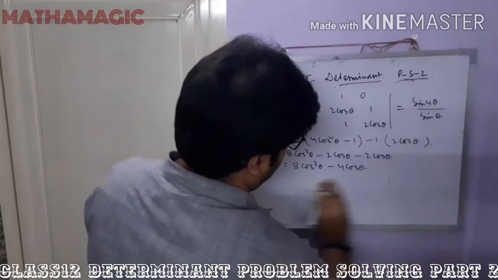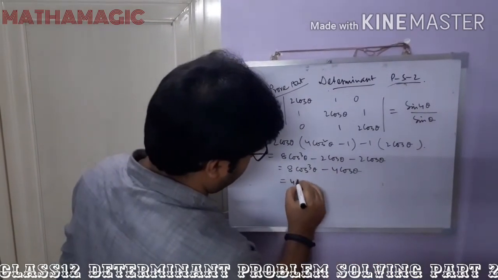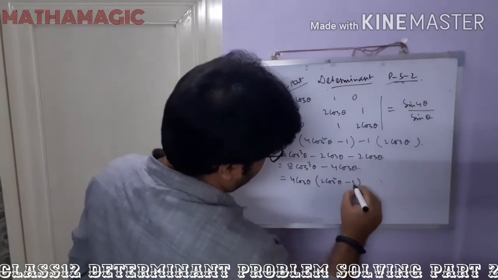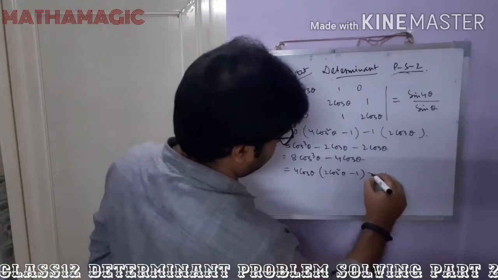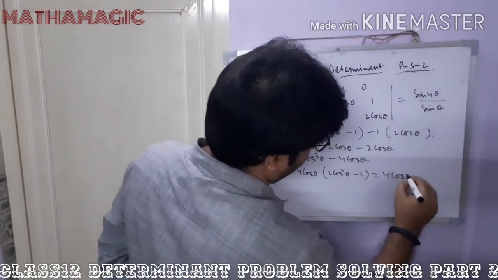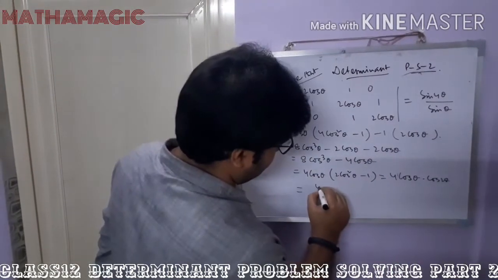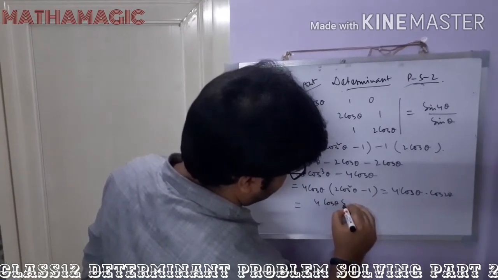So we have to prove the right-hand side from this. In order to do that, we will take 4 cos theta as common, leaving 2 cos square theta minus 1. We know the formula that 2 cos square theta minus 1 equals cos 2 theta. So we can easily write 4 cos theta into cos 2 theta. For the next step, we will take sin theta.